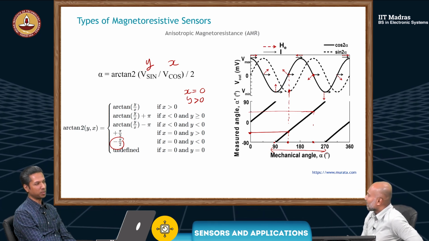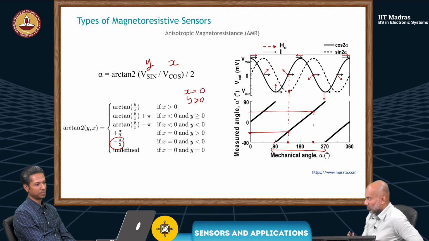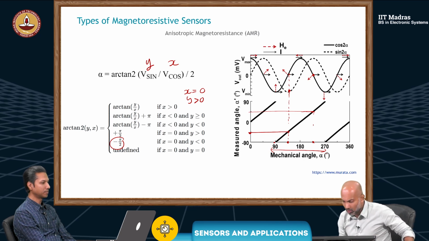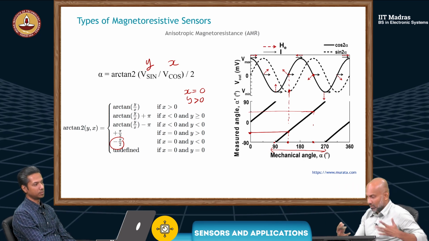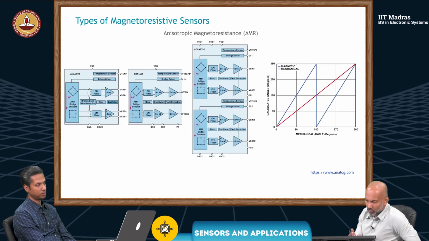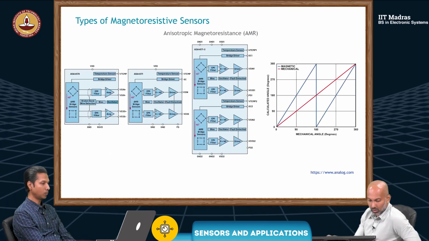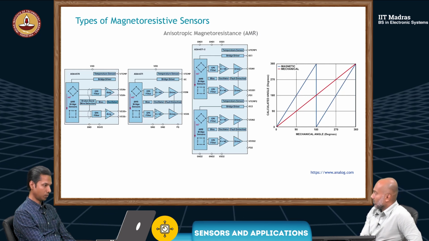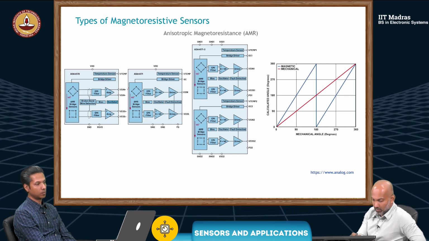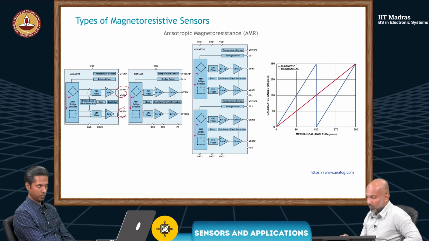With two bridges, no. With more bridges, maybe, but in fact, I have not seen it, because I checked a lot of the companies that make these AMR sensors. This one is, I think, Analog Devices. They have the bridge sensors shifted 45 degrees, and they have sine and cosine outputs here.